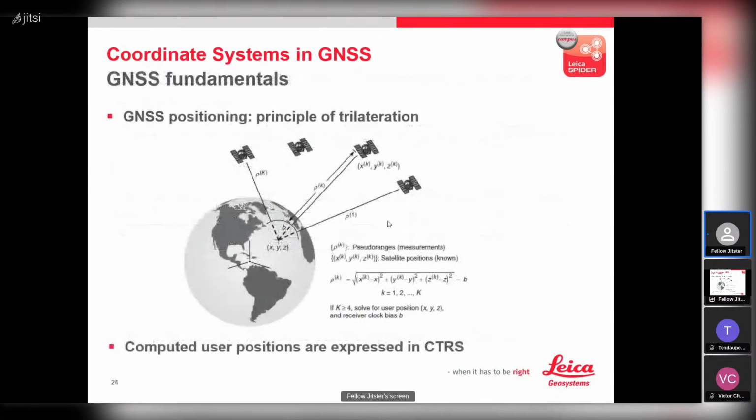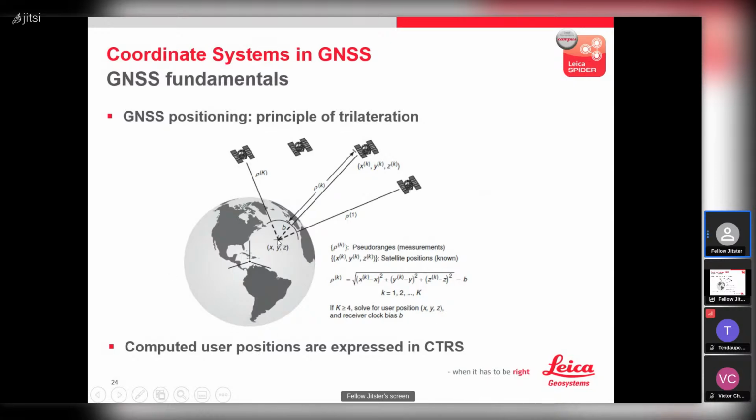And now we are coming to the second coordinate system, which I mentioned at the beginning, and this is the terrestrial reference system. Terrestrial reference systems are used for positions of the receivers on the ground or on Earth, or the position of users.